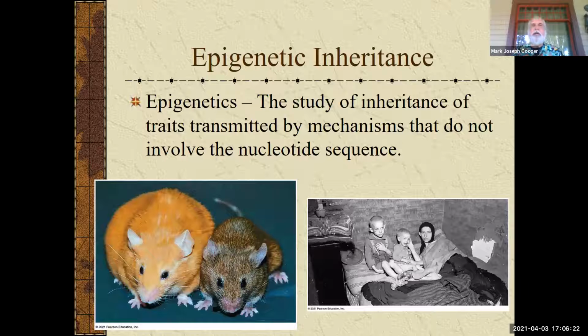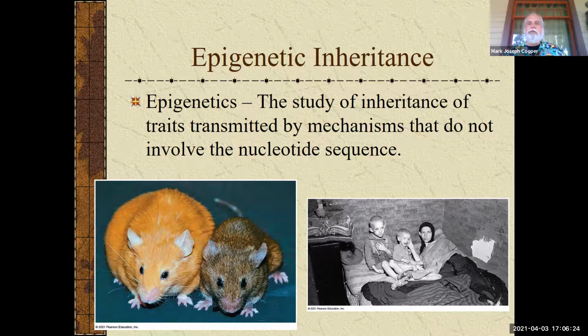Another thing that we realize is it's not all about exactly what the code is. It turns out it's also what's inherited. It's basically environmental conditions that organisms are exposed to. So on the left are two mice. They're being fed the same diet.